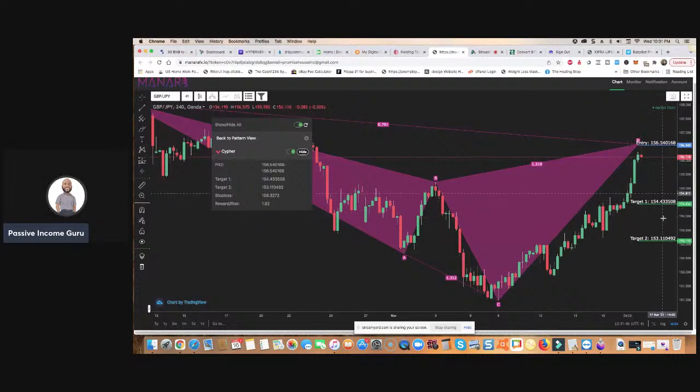It's giving you approximate target points to where price could drop. Is it going to go there guaranteed? We can't say it's going to be guaranteed. Is it a possibility that it will go there? Yes. Is it a possibility that it won't touch it? Yes. Price can come down right here and jump back up, right? But it's up to your discretion how long you want to stay in a trade.